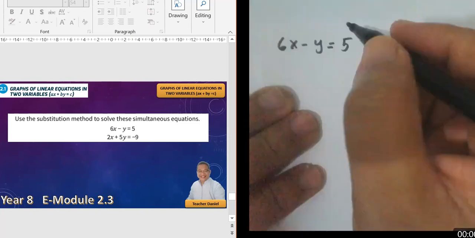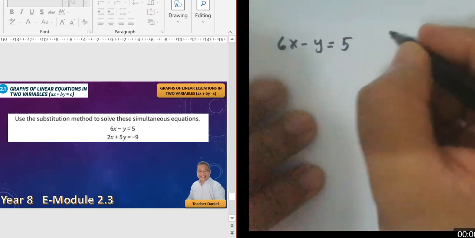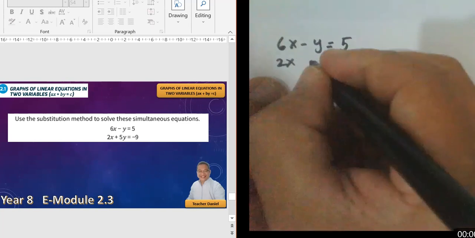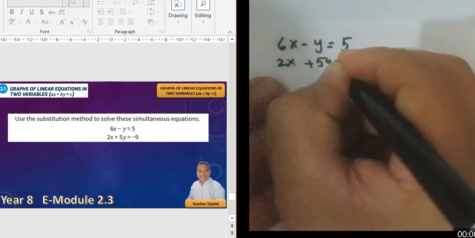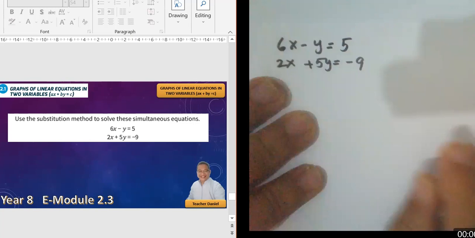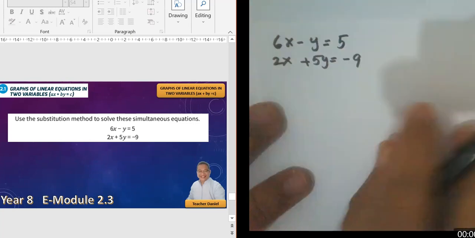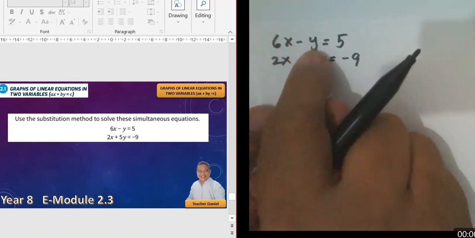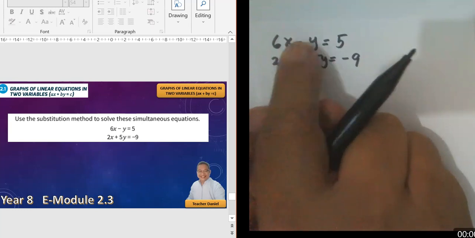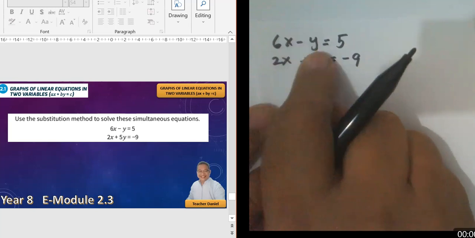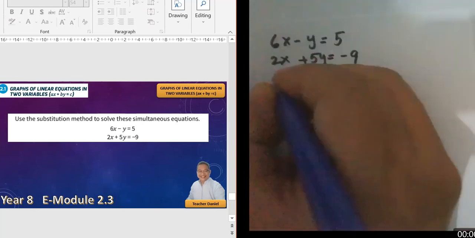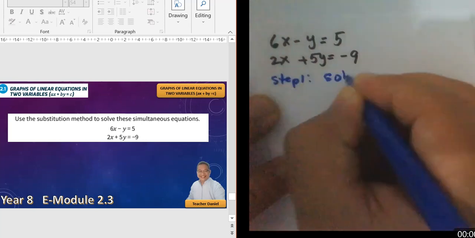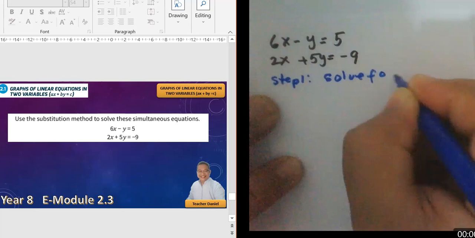And then you have the second equation of 2x plus 5y is equal to minus 9, right? Because the y has no coefficient there, what we're going to do is simply solve for y. So that is our step number 1. Step number 1 is to solve for y.